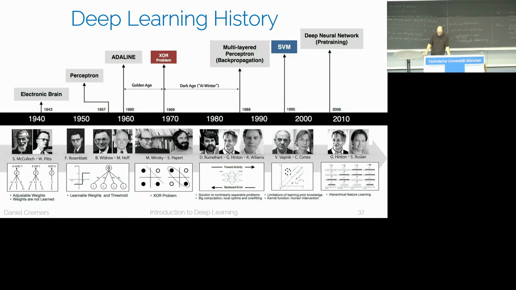The neurons of Pitts and McCulloch were threshold units. So basically, once a certain sum of input signal is above a threshold, the neuron would send out a signal, it would fire, so to speak. But these were hardwired decision processes. There was no learning involved in the McCulloch-Pitts.